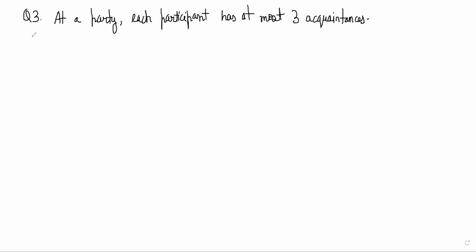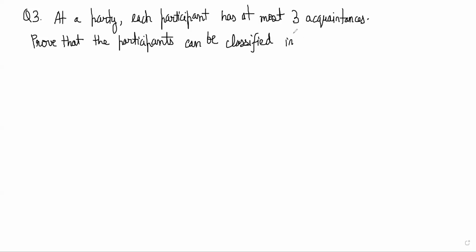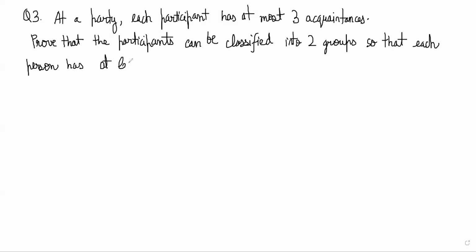Prove that the participants can be classified into two groups so that each person has at least one acquaintance in his or her group. This is the question, very simply stated.